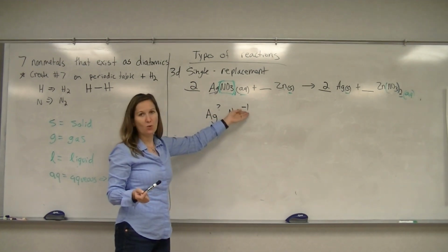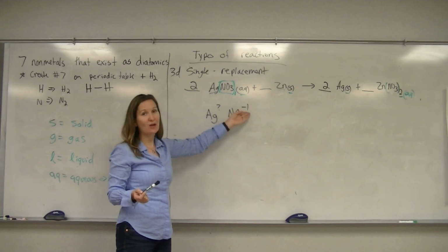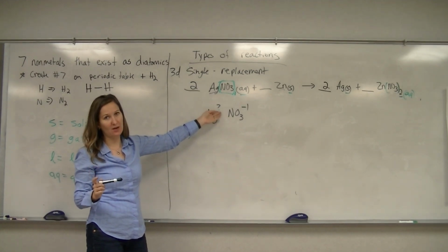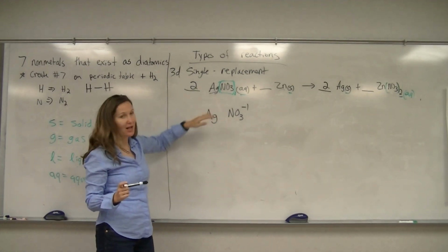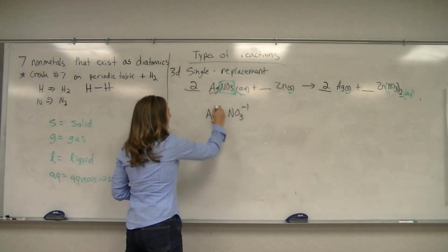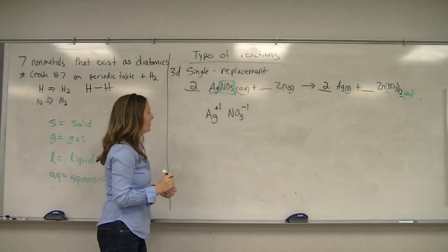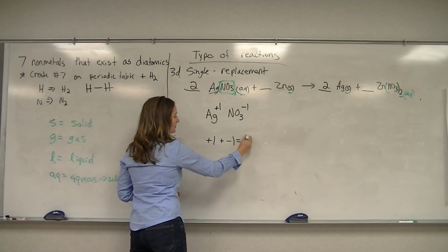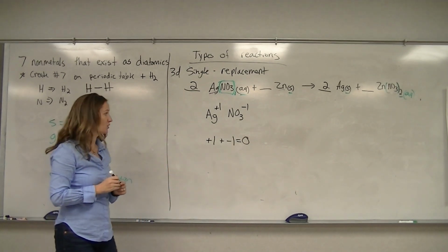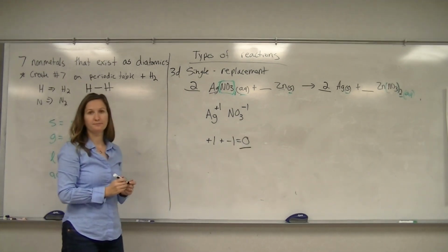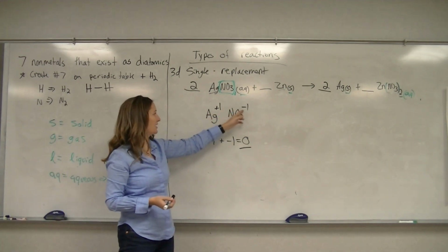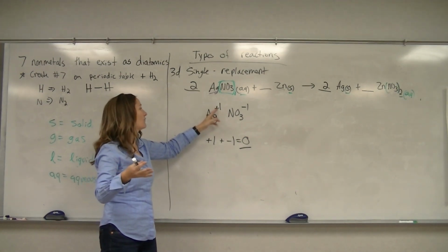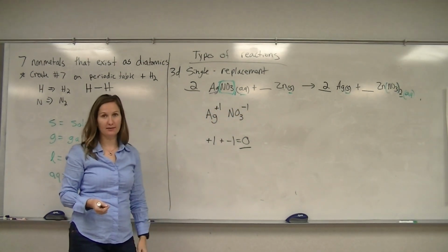So if I have a -1 on the nitrate, and I need to cancel out that -1 charge, what do I have to have on the silver to cancel that out? Well, I know I'm going to have a positive, but a positive what? It's going to have to be a positive 1, because +1 plus a -1 equals 0, okay? Neutral. So here are my oxidation states, or also called charges. It's the same thing, oxidation states or charges, for the silver and the nitrate ion.